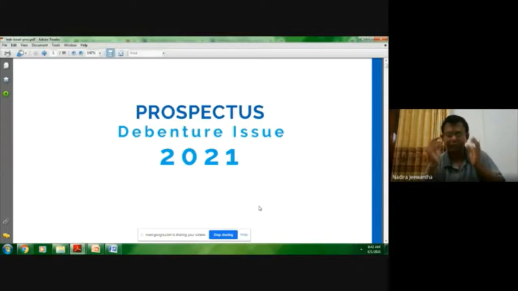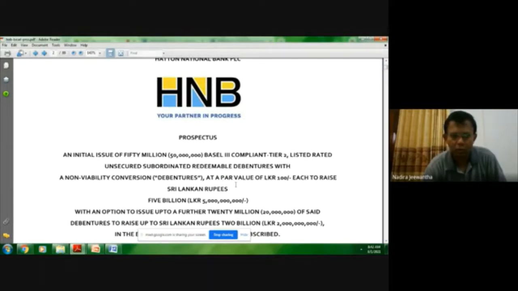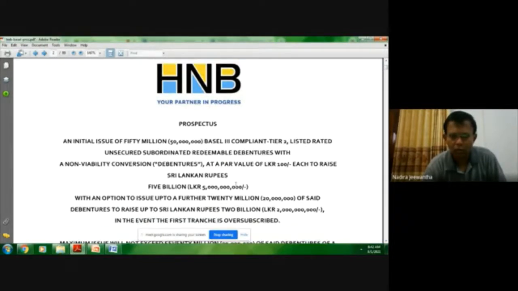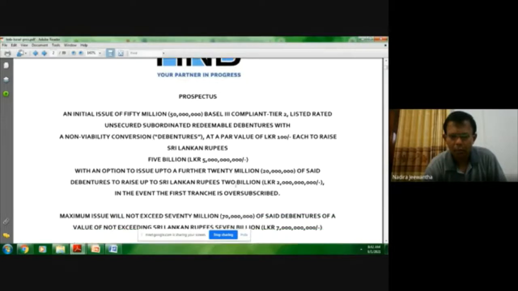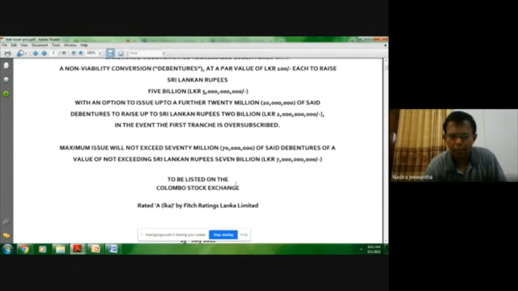Remember, if it is listed, now see the word will go. To be listed on the Colombo Stock Exchange. Now this particular HNB debenture was listed, or is to be listed. So then you have to comply with the rules and regulations issued by the SEC.